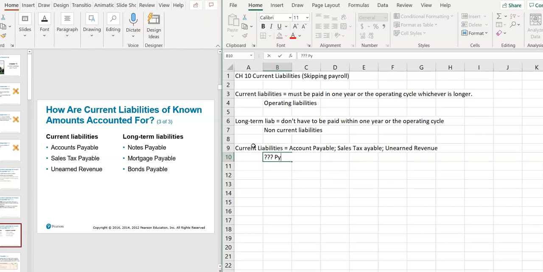Salaries payable, we did that in chapter 3. Salaries payable, taxes payable, dividends payable. You know, we've had a bunch of them. Okay, we might even have notes payable if due in a short period of time.